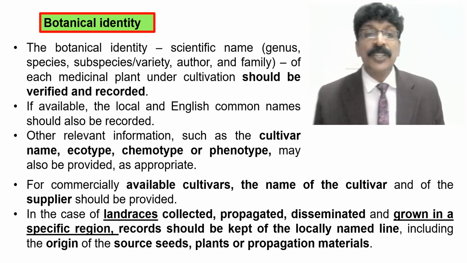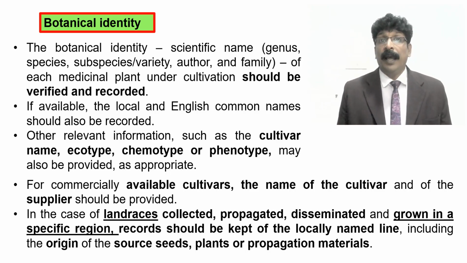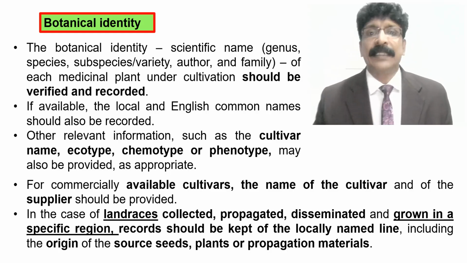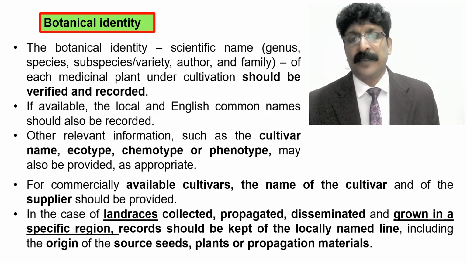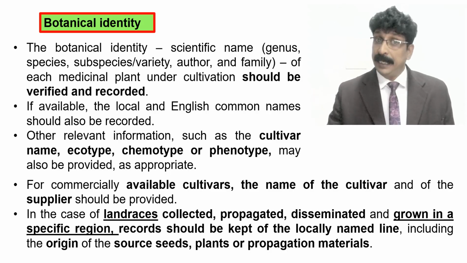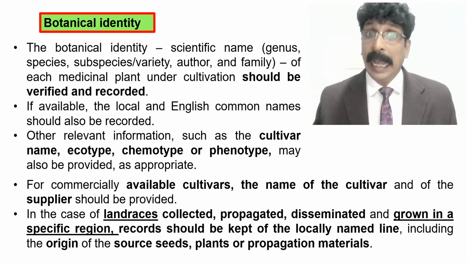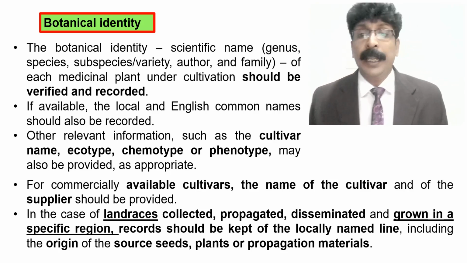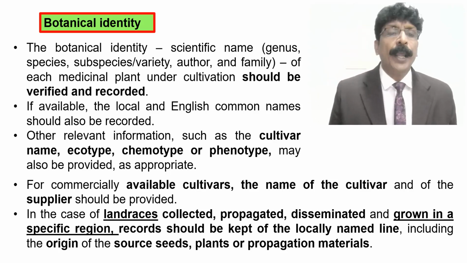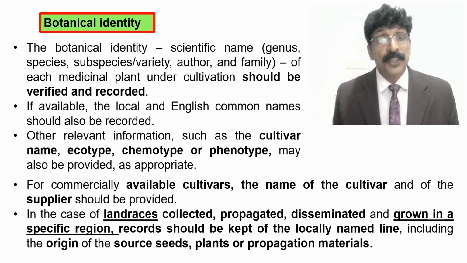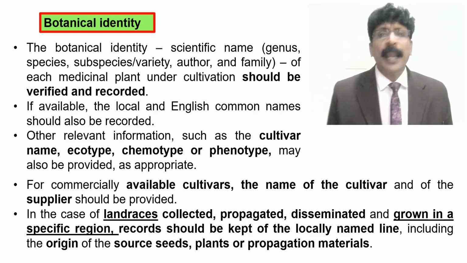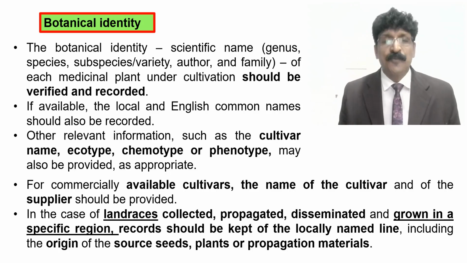In the case of land races, collected, propagated, disseminated, and grown in a specific region, records should be kept of the locally named line, including the origin of the source seeds, plants, or any propagation materials which are used for the cultivation.